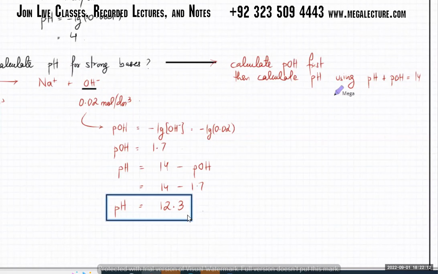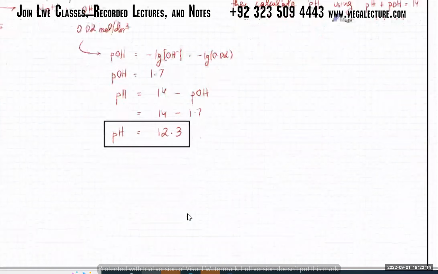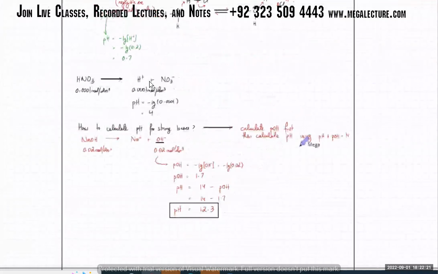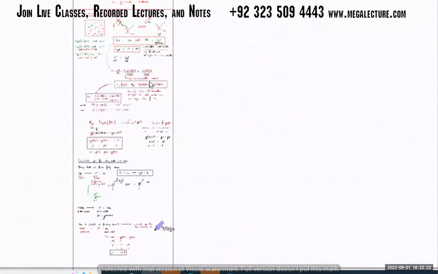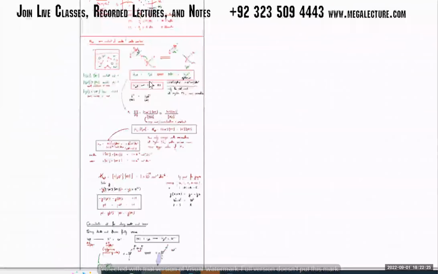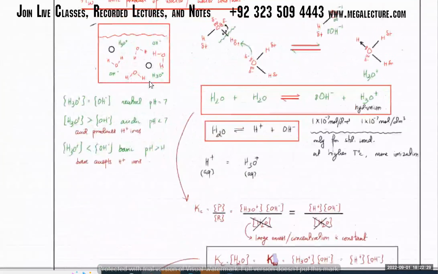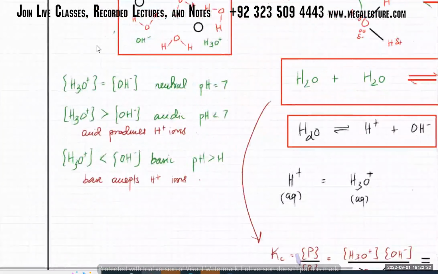What does 12.3 actually mean? I did explain why we don't actually talk in terms of pOH. The reason is it's just convention. You could have calculated pOH and talked about it in terms of pOH, because it's important to track just one of them.